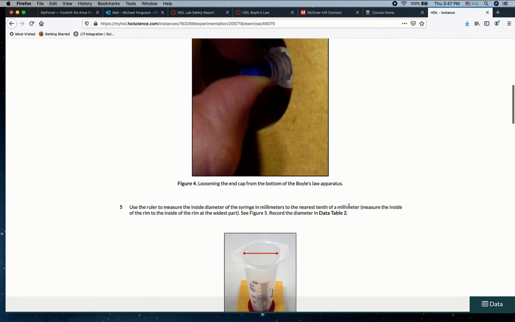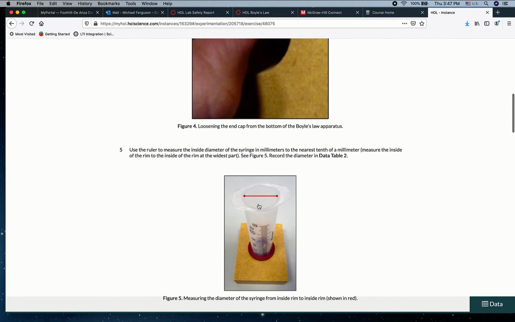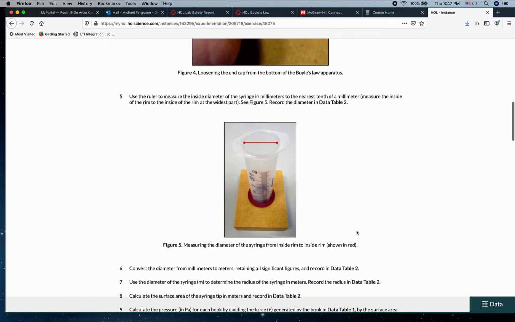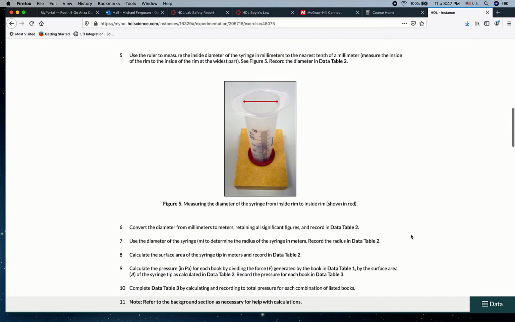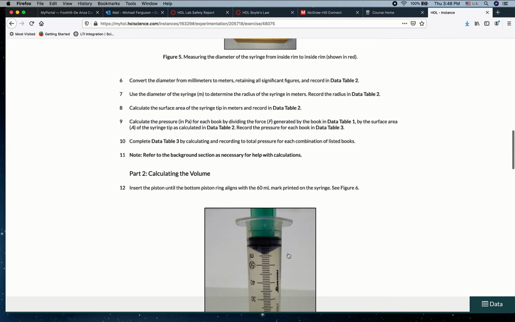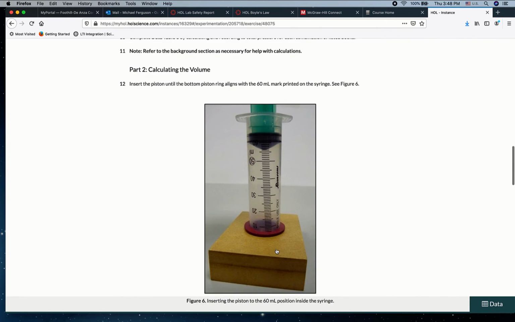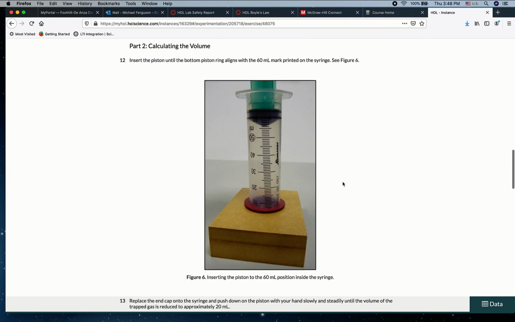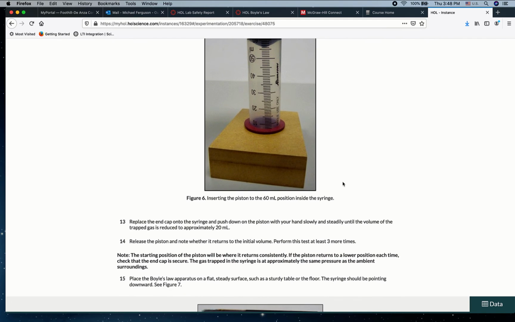Take the cap off, and then measure the inside of it here, and then you put the syringe upside down, with the bottom part up. Have this line here be at 60 milliliters. It tells you how to get the piston to not move.